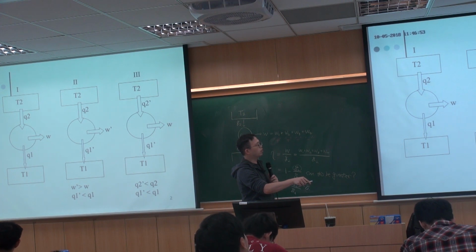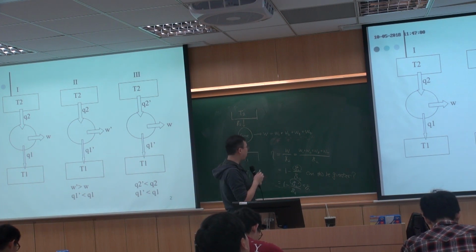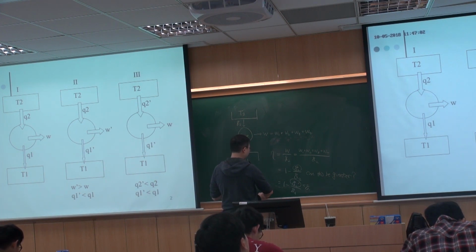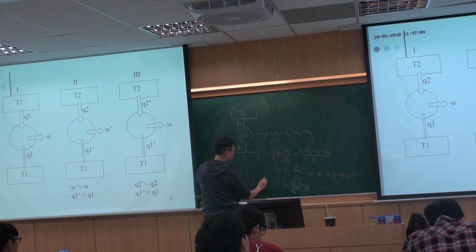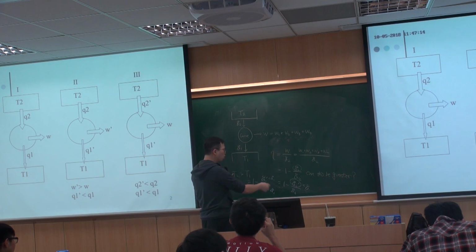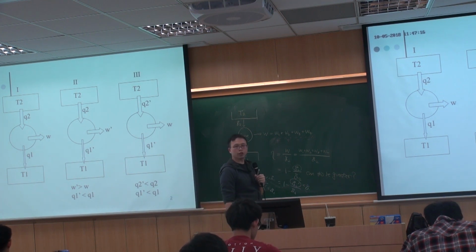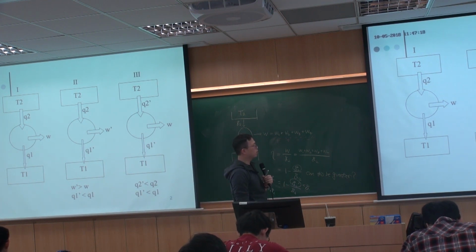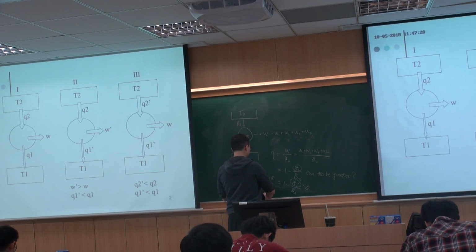At the same time, we're reducing the waste, and the work is still the same. So in that case, you have something like this. And this is smaller than Q2. This is smaller than Q1. And in that case, you will also get a larger efficiency.